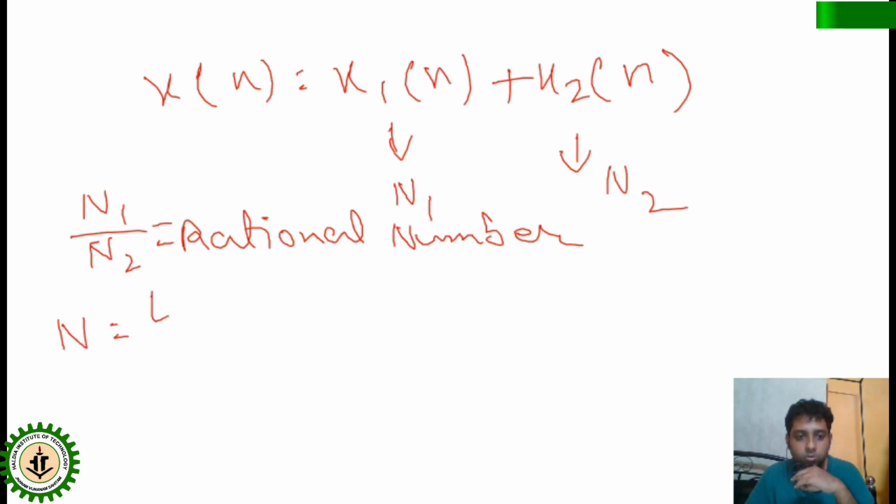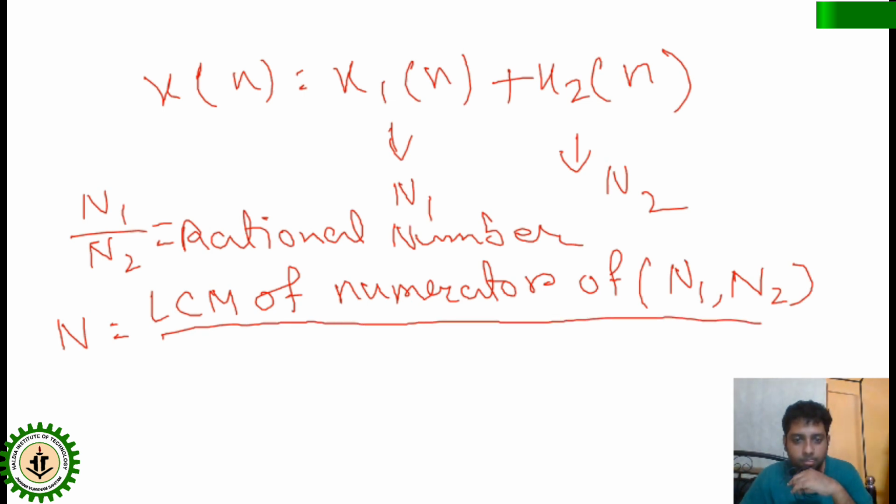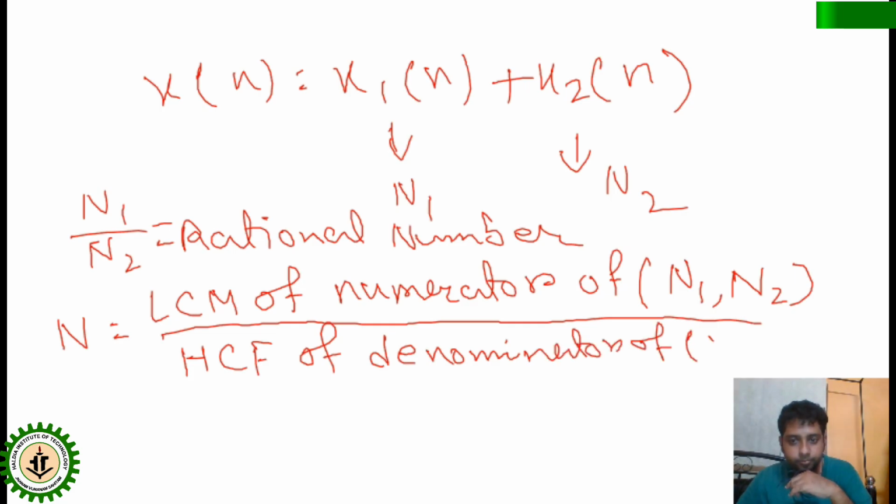That is n is equal to LCM of numerator of n1 comma n2 divided by HCF of denominator of n1 comma n2. This is the formula for finding the fundamental period of the overall signal.